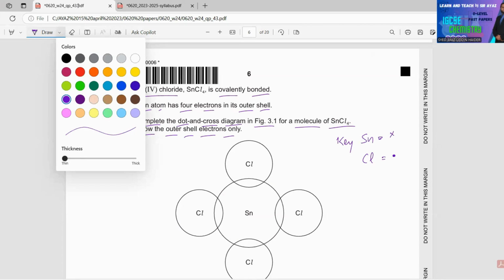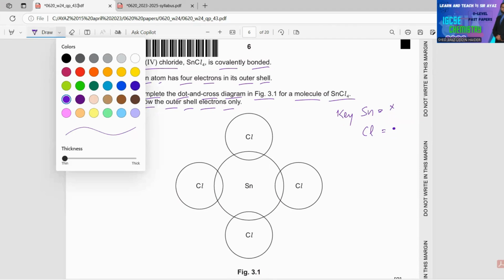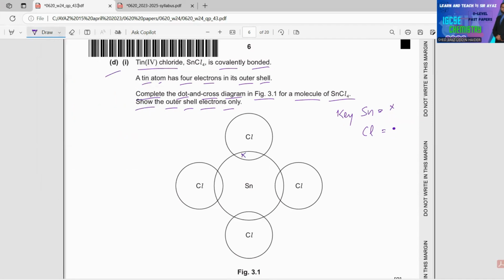Now, they have already mentioned there are 4 electrons in the outer shell of Sn. Looking at this diagram, Sn is going to share 1 electron with each of these chlorine atoms. So 1, 2, 3, 4.